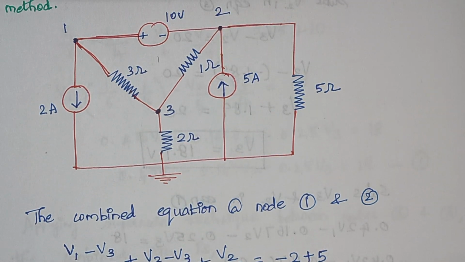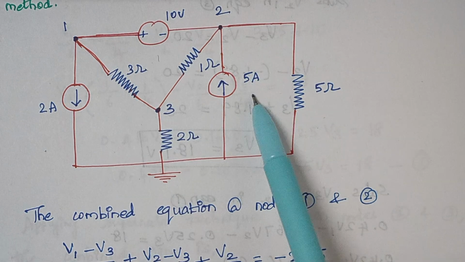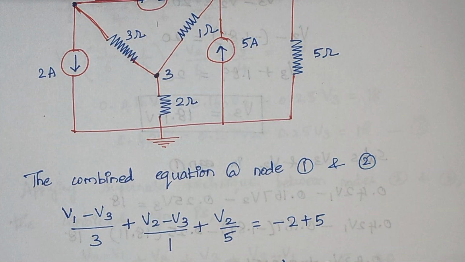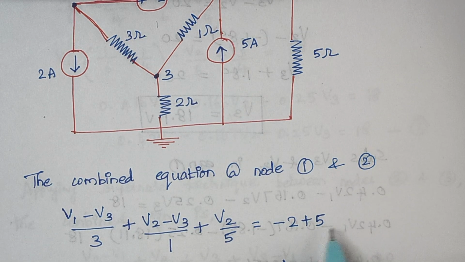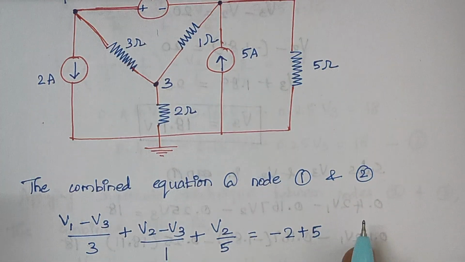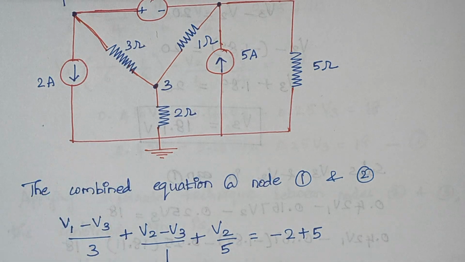Now at node 2, this 5 amps flows towards node 2, therefore we write it as +5. And here it is -2 because this current flows away from node 1.